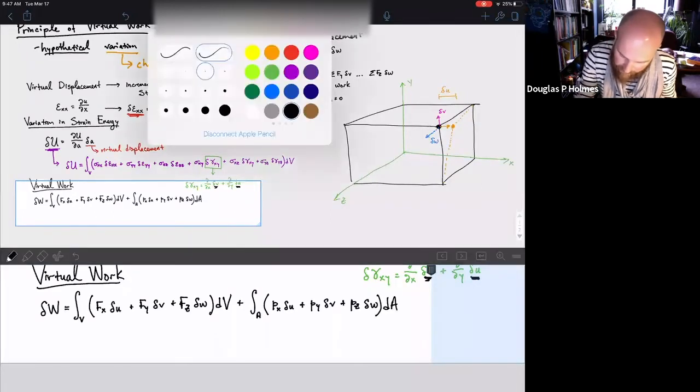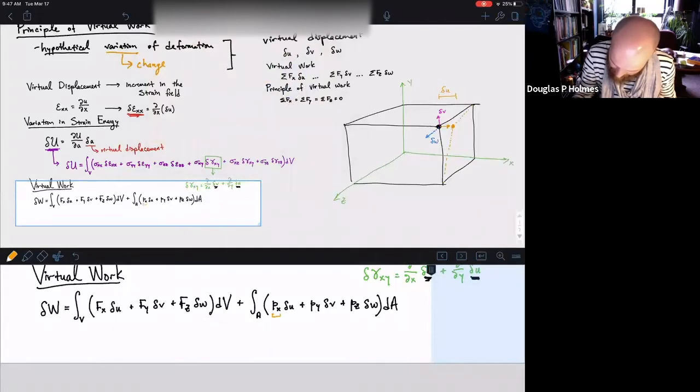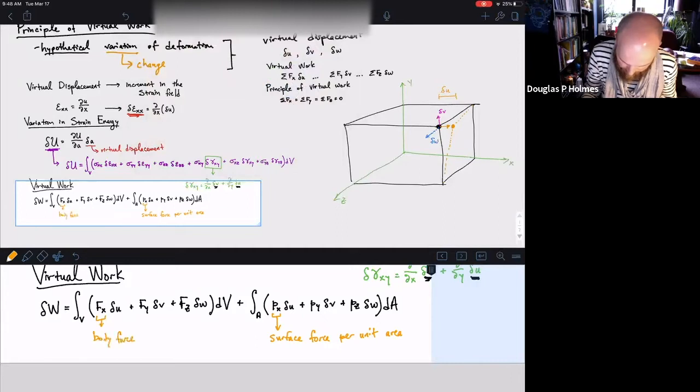Now this Px is a surface force per unit area, and this F of X is a body force per unit volume.